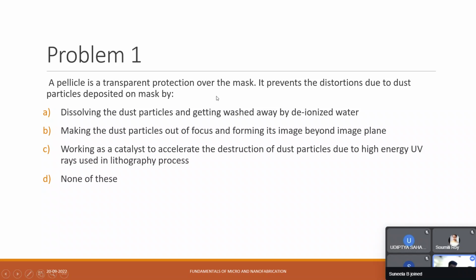For those who are joining now, we are discussing the protection by the pellicle, which is a transparent protection over the mask used for photolithography purposes. You have to tell how this pellicle helps to prevent contamination from dust. These are the options, and you have to tell which is the most ideal reason.